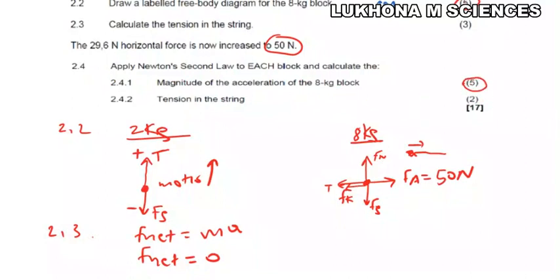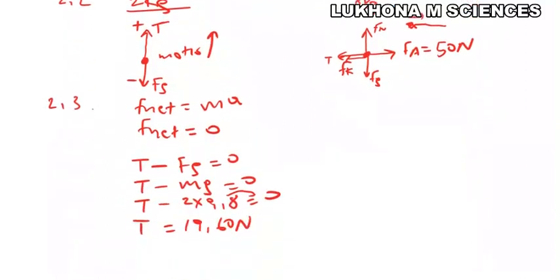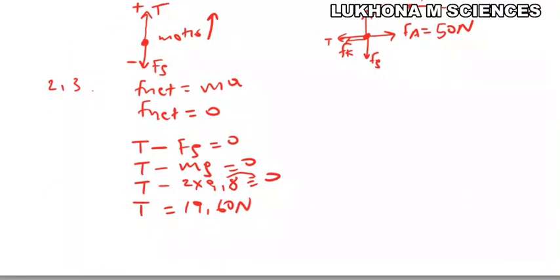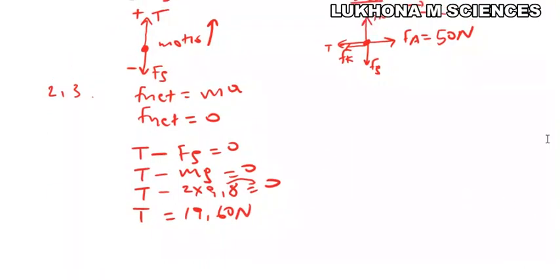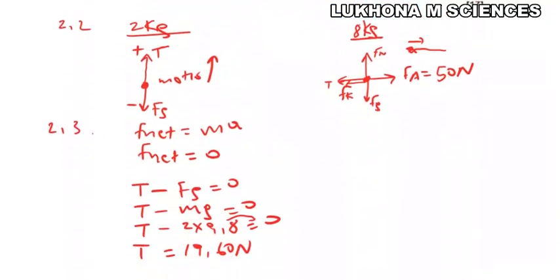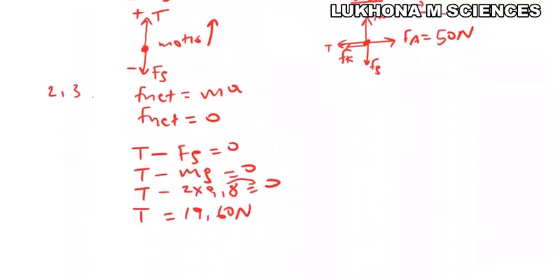So we will try with this one. The tension does not change the whole. Okay, that is 2.4.1. Now we must write this one, F net is equal to MA.